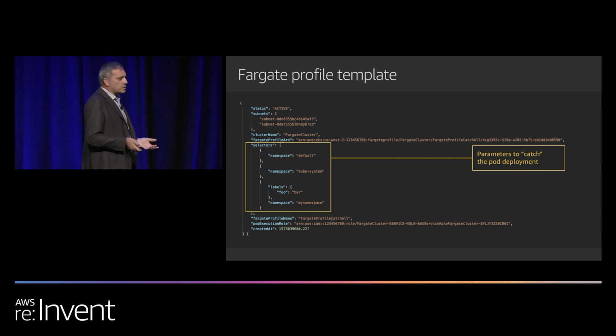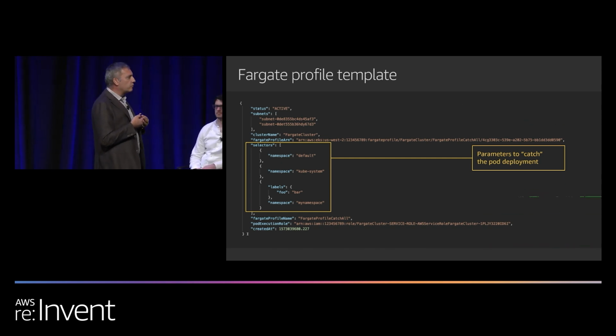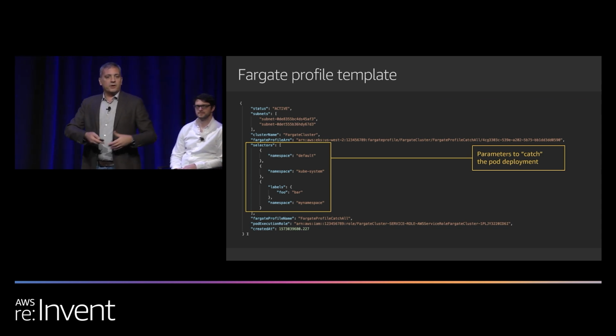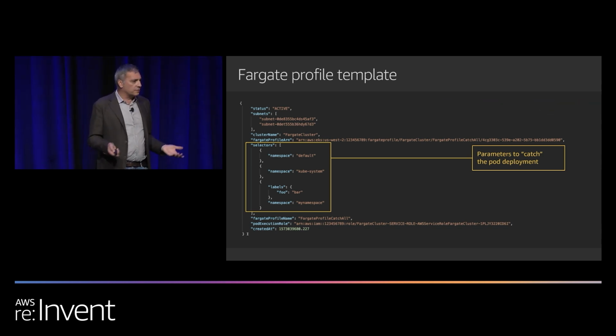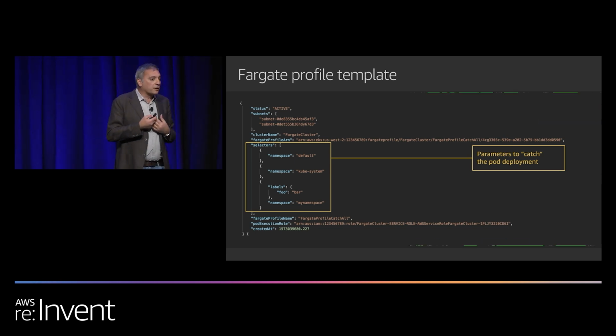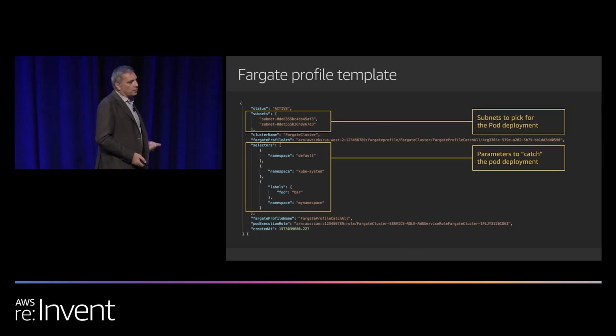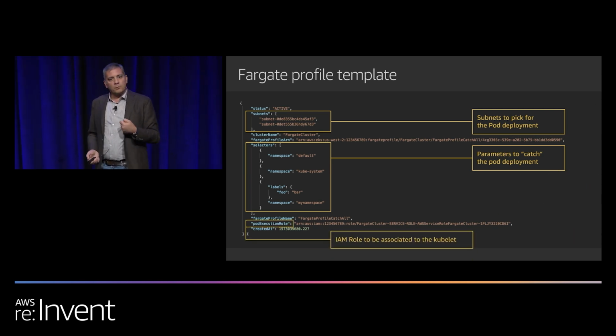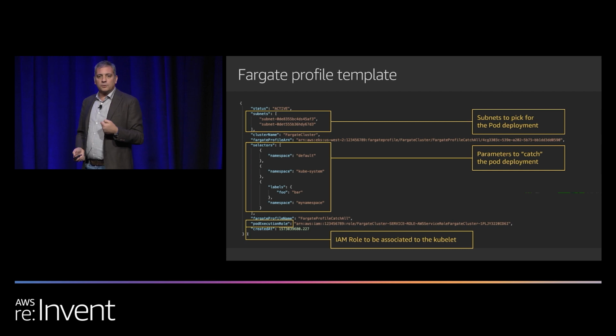There is another reason for which we needed to introduce this notion of the Fargate profile, which is that everything that runs within AWS needs to have a context, right? An AWS context that doesn't necessarily exist in Kubernetes. For example, the networks that I'm going to connect this pod to, right? The pod execution role that I was mentioning very briefly during the demo.